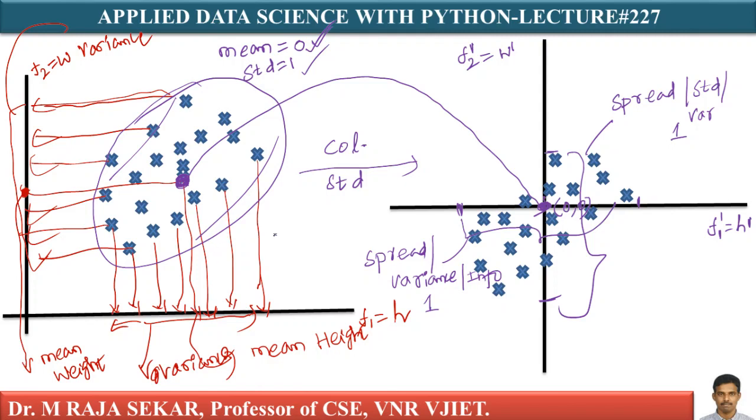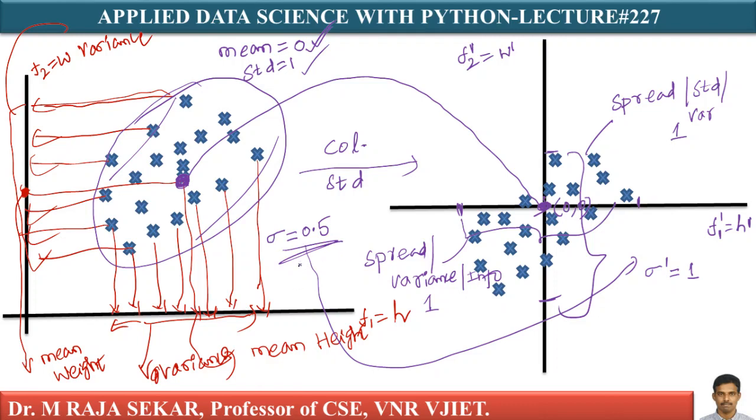Sometimes, if the original data's standard deviation is 0.5, what do I have to do? Sigma dash, the standard deviation of the transformed data, must be 1. In that case I must expand it.